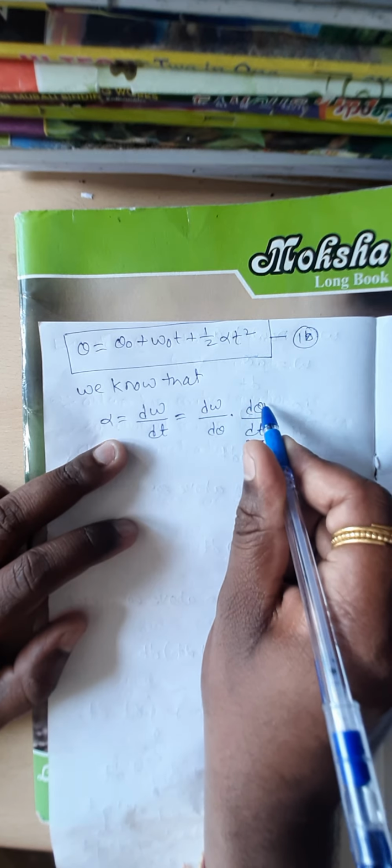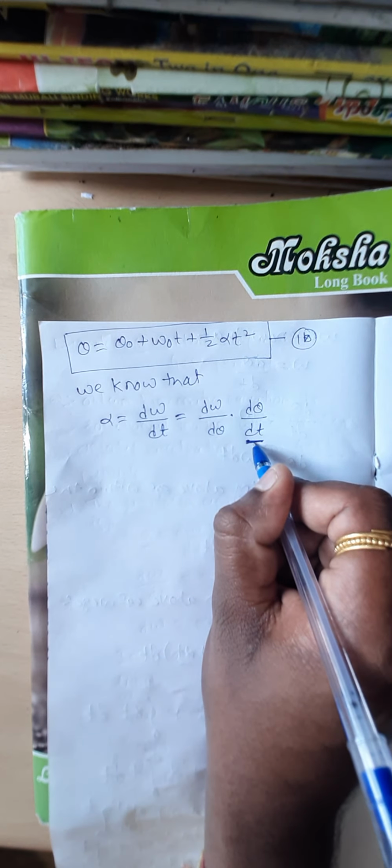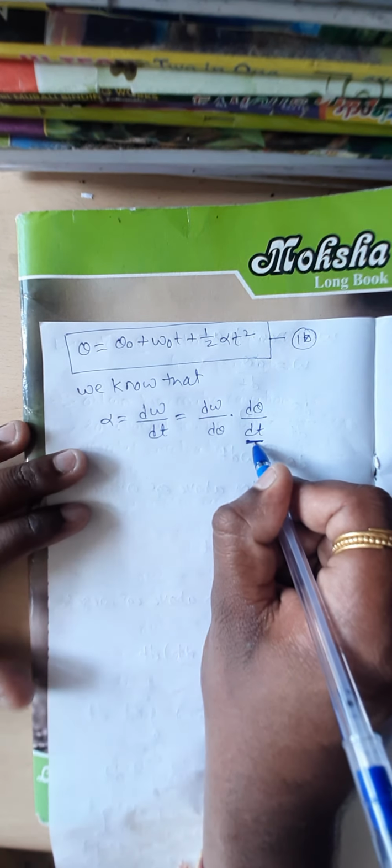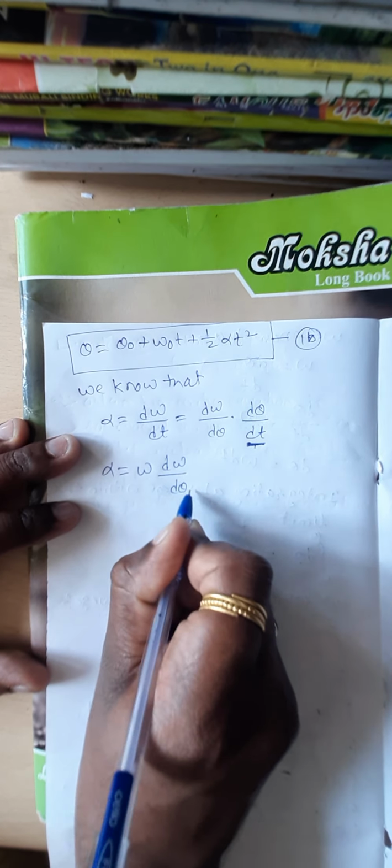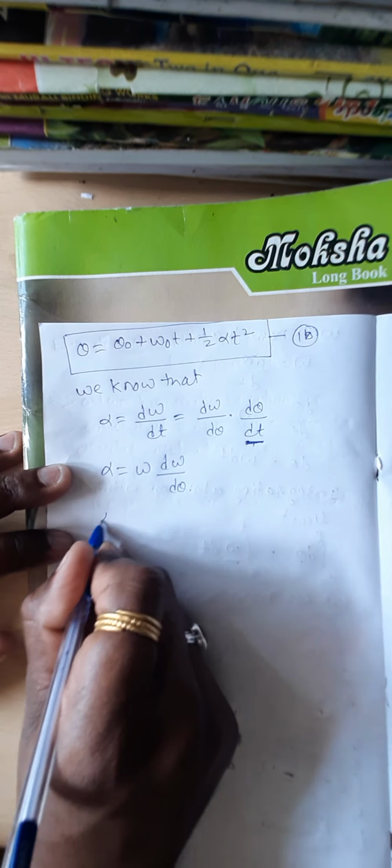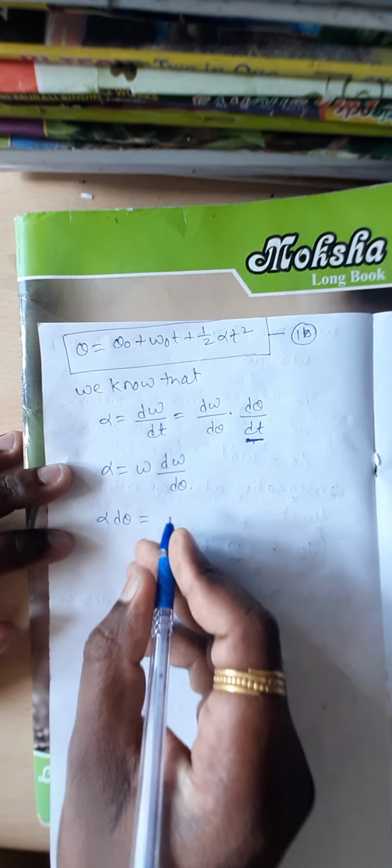Then you know that d theta by dt is nothing but omega. Therefore alpha is equal to omega into d omega by d theta. Now taking cross multiplication, alpha into d theta is equal to omega into d omega.